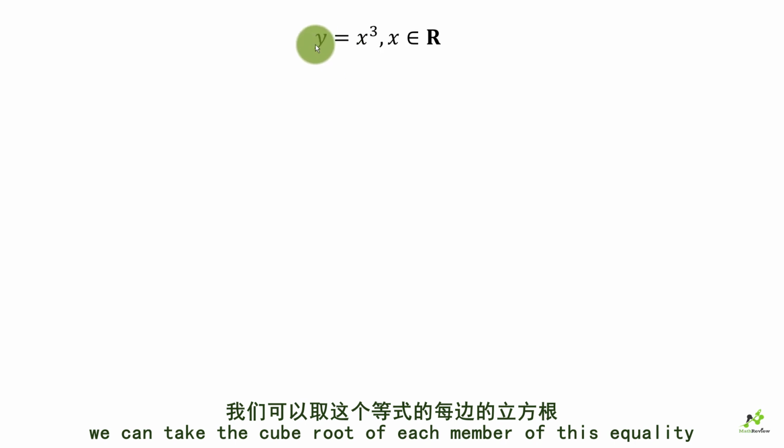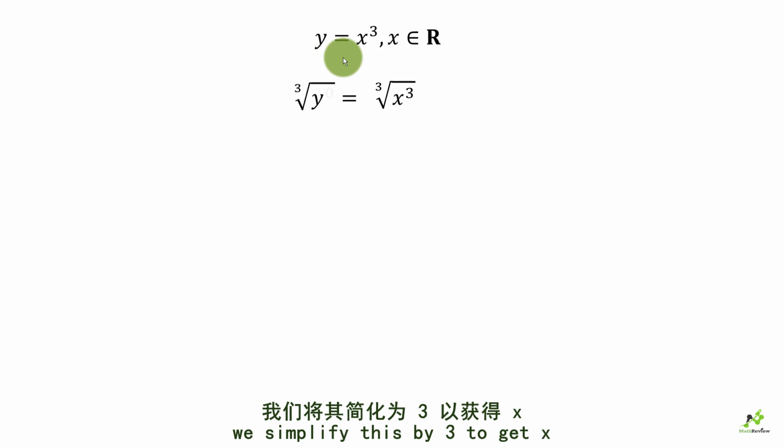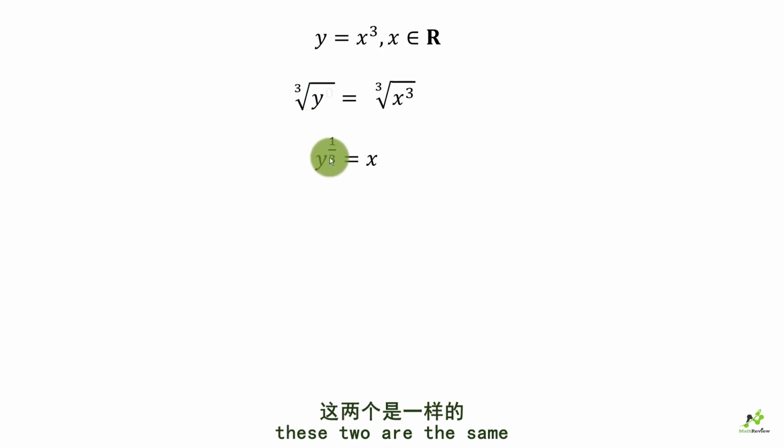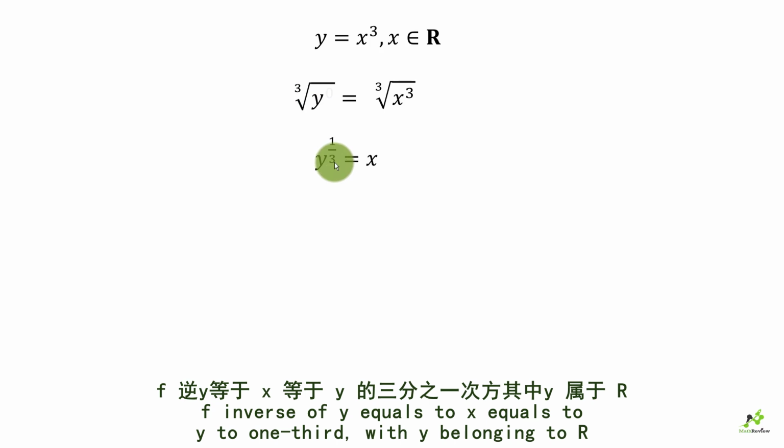We can take the cube root of each member of this equality. We simplify this by 3 to get x equals y to 1/3. These two are the same. f inverse of y equals x equals y to 1/3, with y belonging to R.